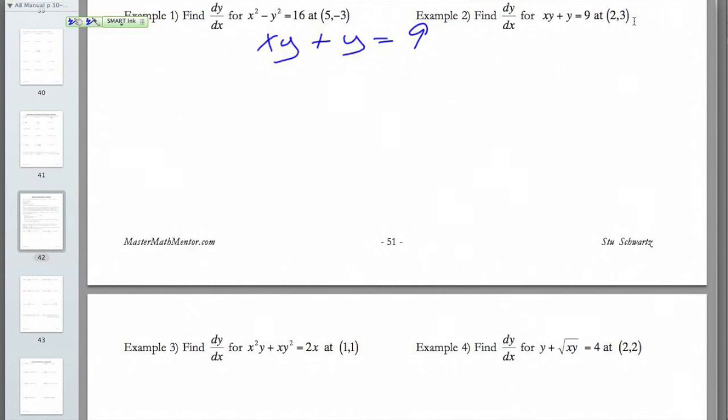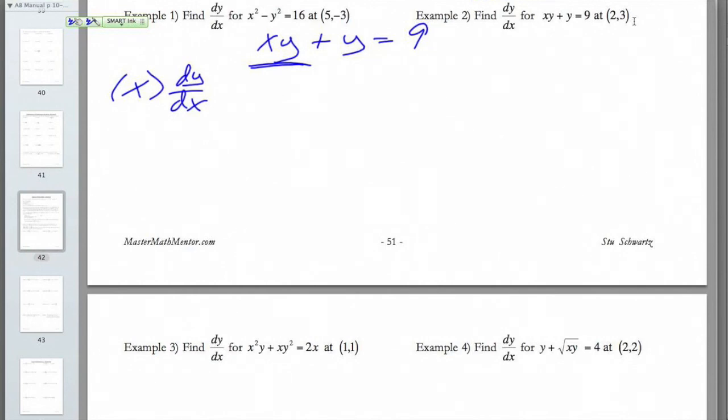Okay. All right, so when I take the derivative of xy, what is that going to require? The product rule. Okay, Brooks, what's the product rule again? It's first times derivative of the second plus second times derivative of the first. All right, so very good. So on this right here, the first is going to be x. What's the derivative of the second going to be? dy over dx.